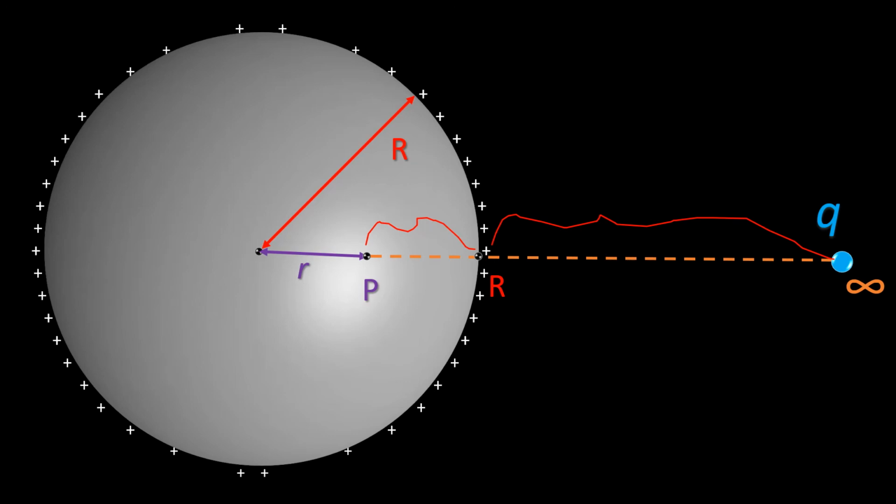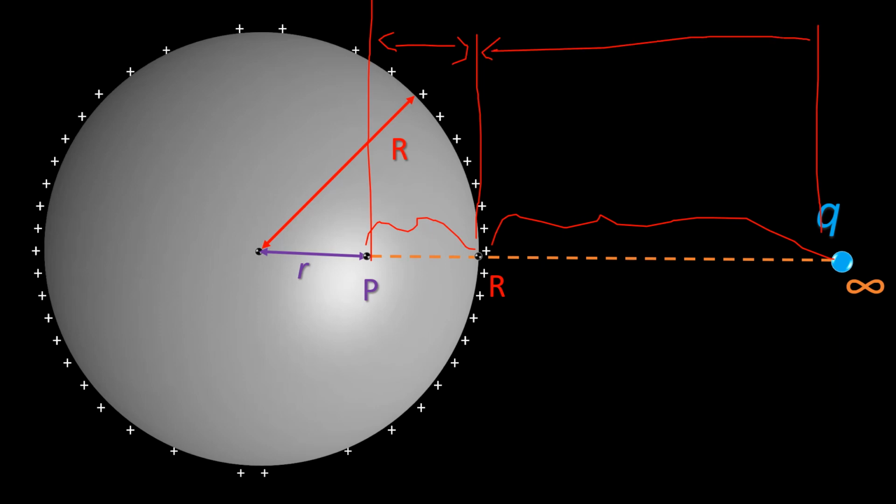It means that we have to have separate calculations from surface to infinity, and from P to the surface. This part and the other part outside the shell have different values of electric field. So we cannot find out the infinity to P integration in one go.